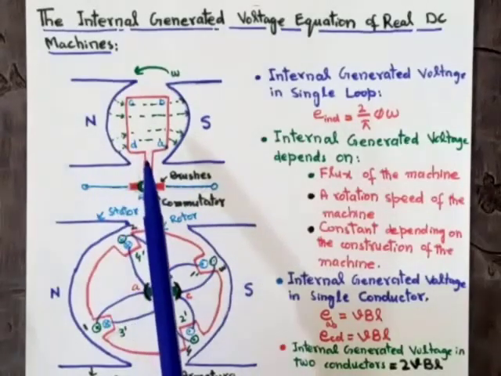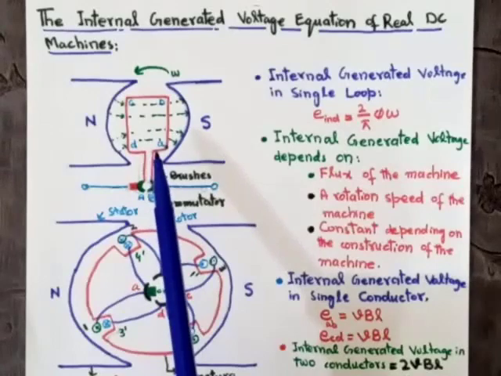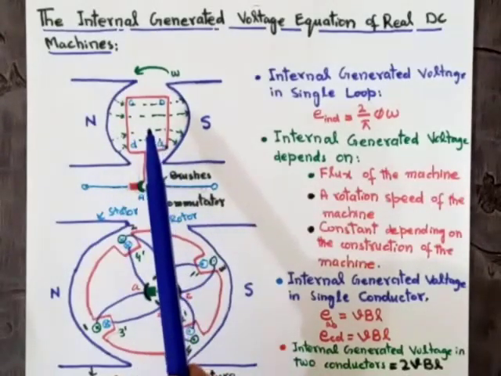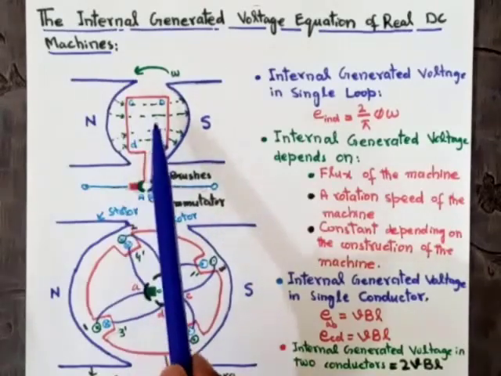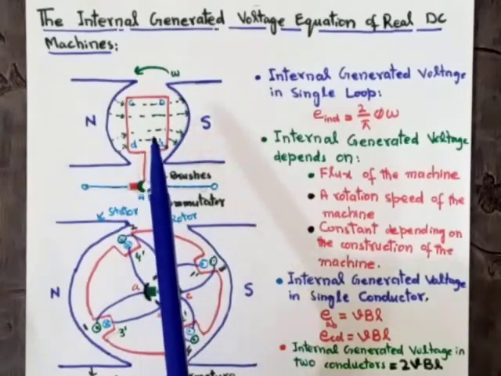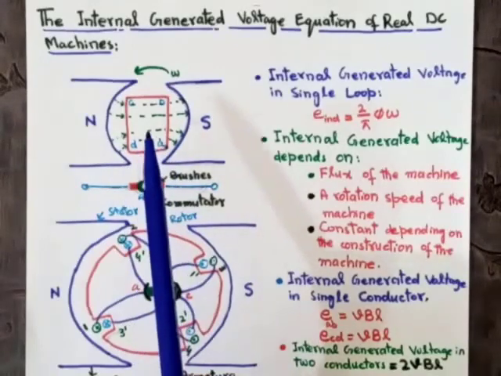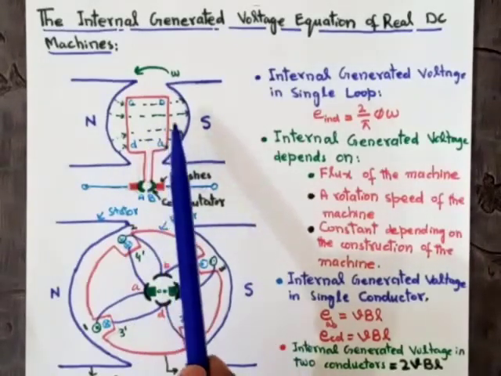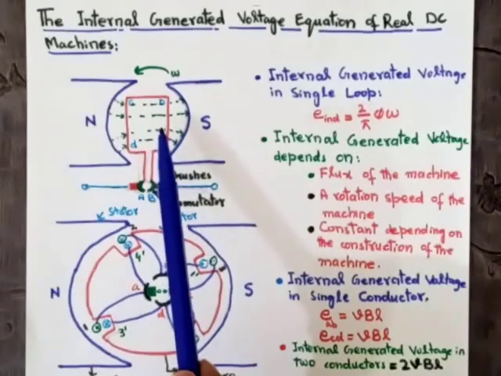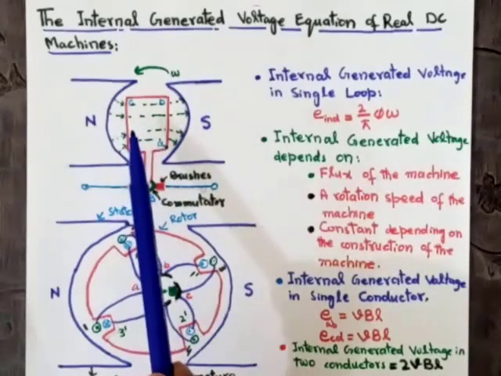In every loop, in every turn, there are 2 conductors. As you can see in this figure, here the number of turns is 1. In the case of a single turn, there are two conductors. That is, one side of the loop or turn is called the conductor. Conductor number 1 is AB and conductor number 2 is CD.